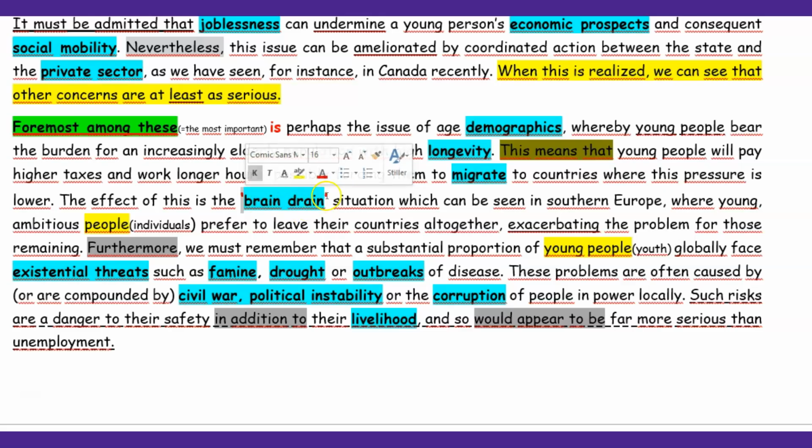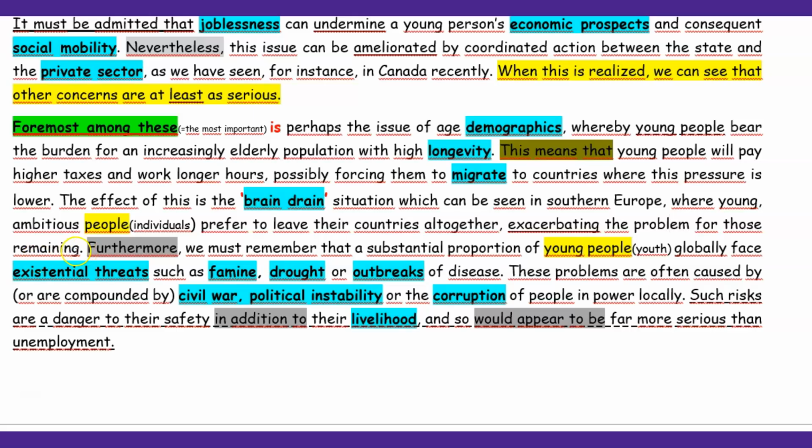It is used perfectly, expressing the situation which can be seen in Southern Europe, where young, ambitious individuals prefer to leave their countries altogether, exacerbating, making it worse, exacerbating the problem, crisis, or this challenge, this issue, this question for those remaining there, okay?